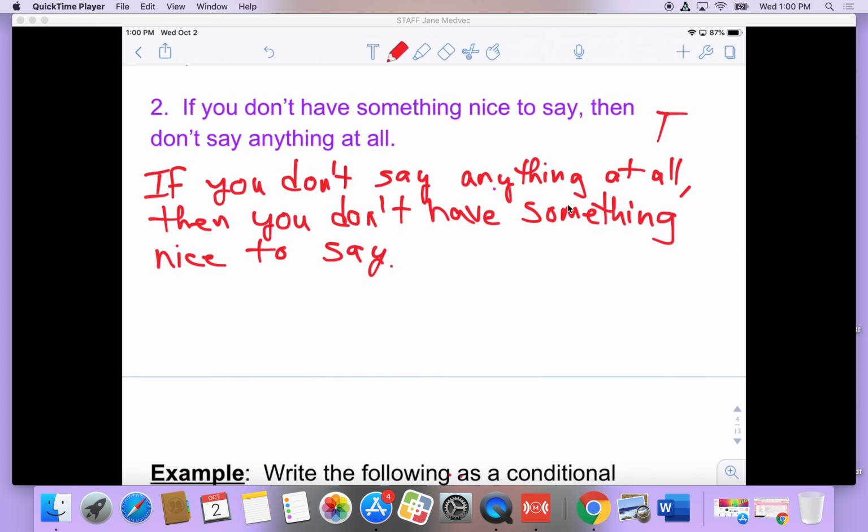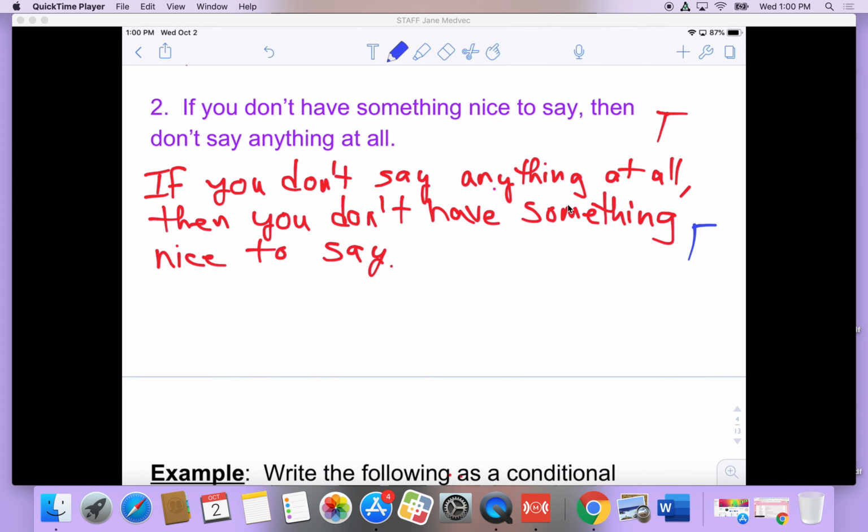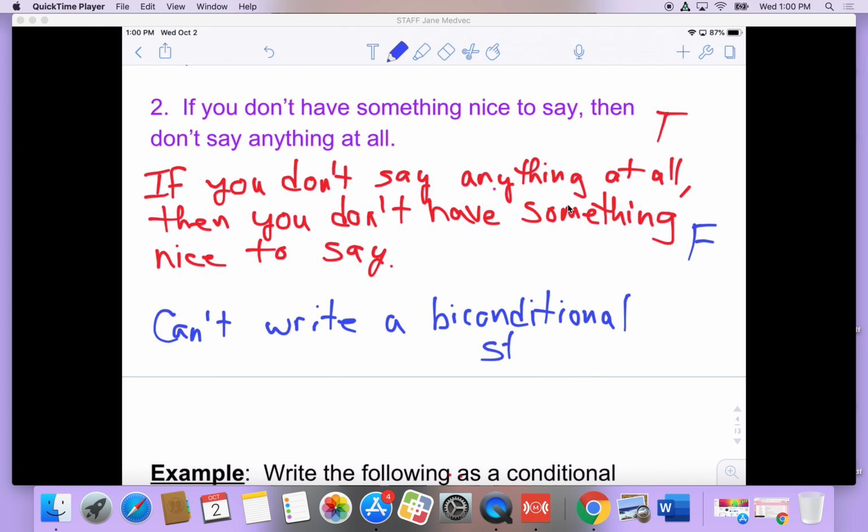We kind of mentioned that before. Is that true or is that false? That is false. So can I write a biconditional statement? No. Can't write a biconditional statement. Oops. Questions?